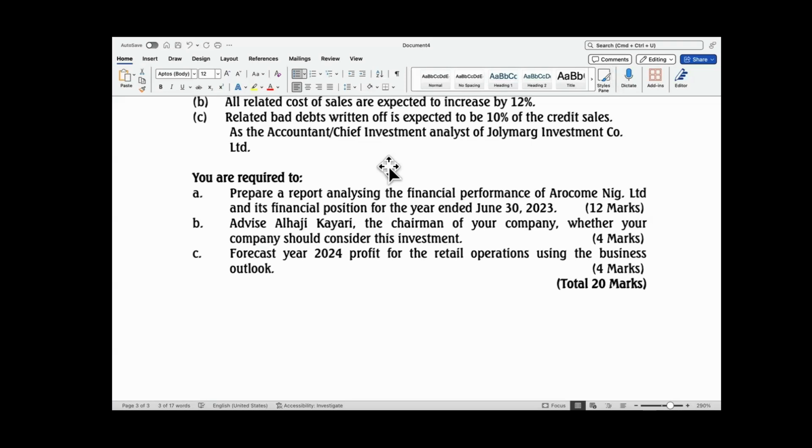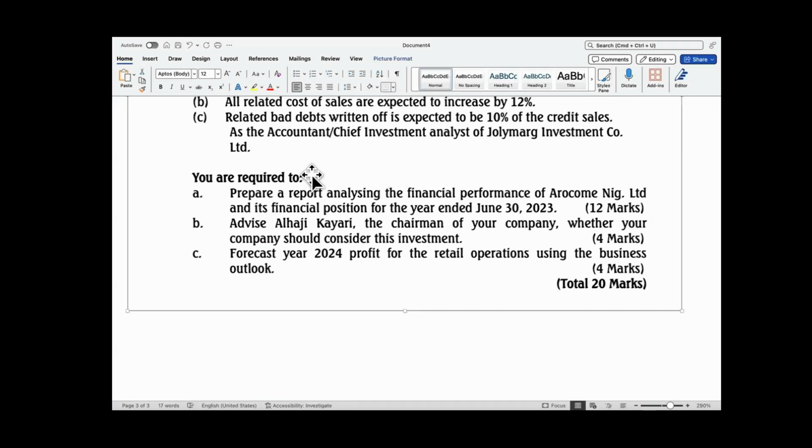And from here, this question says you are required to prepare a report analyzing the financial performance of Agrocom Nigeria Limited and its financial position for the year ended June 30th, 2020, for 12 marks.